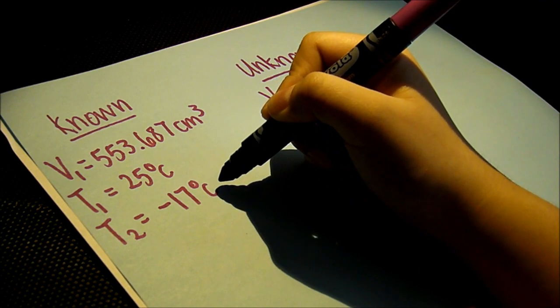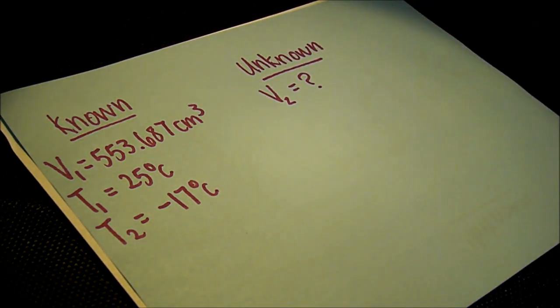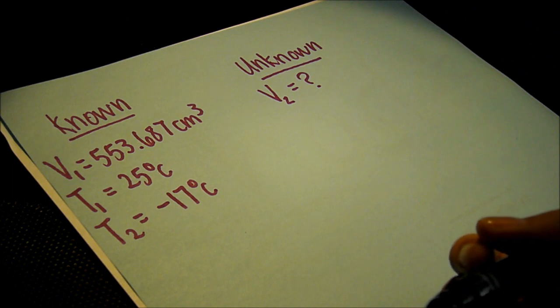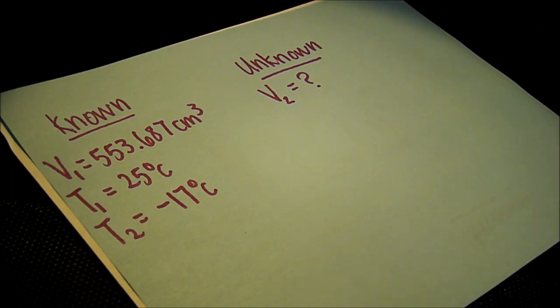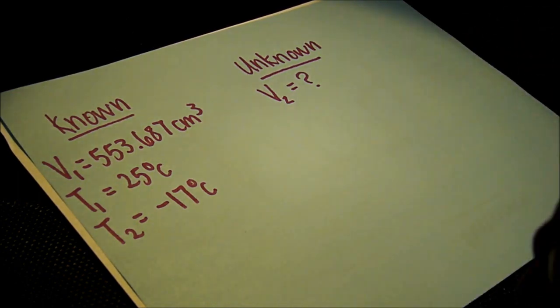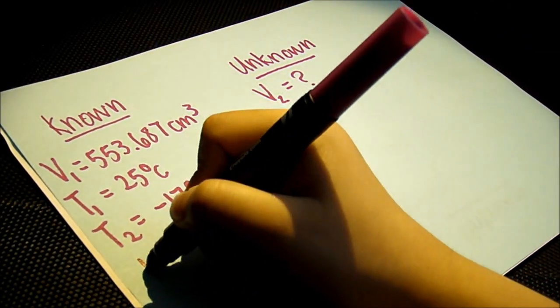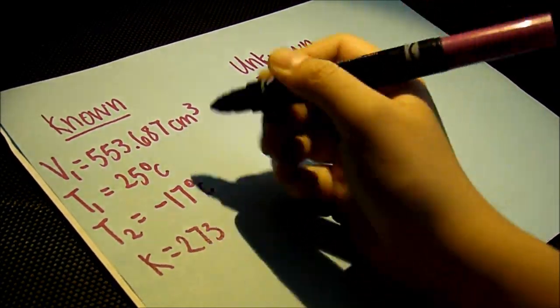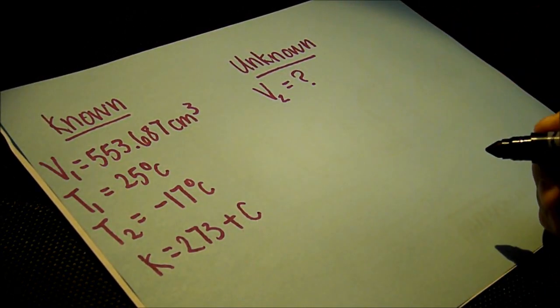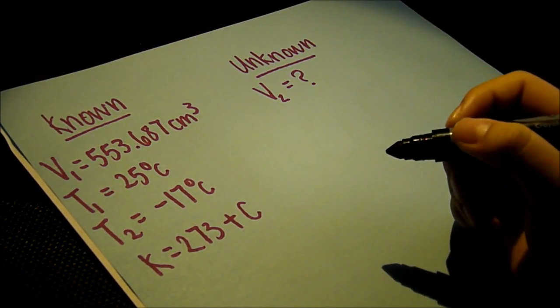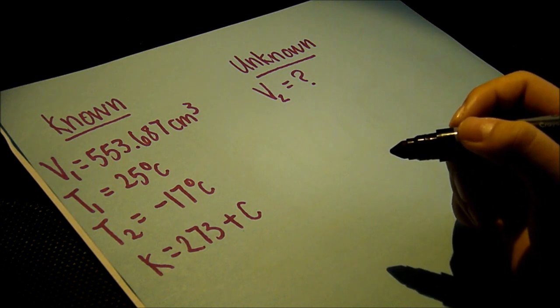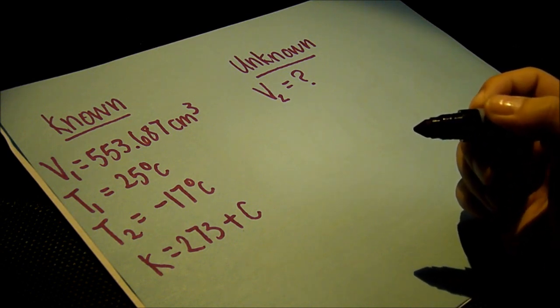If we look at what we've got, the final temperature is negative 17, and we have a negative, meaning that when we find the answer, it will come out to be negative, which we don't want. Since we don't want a negative number, that's when the Kelvin scale comes in. The Kelvin scale is set at absolute 0, with an equation of K equals 273 plus Celsius, so we can get rid of the negative, and that will give us an absolute number for the answer.